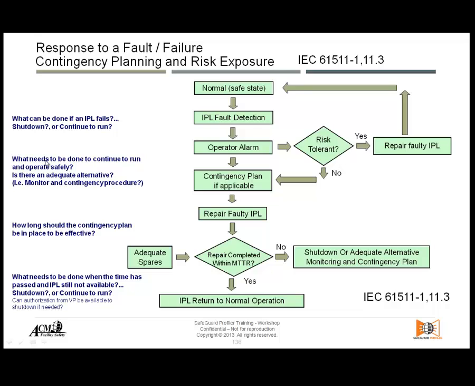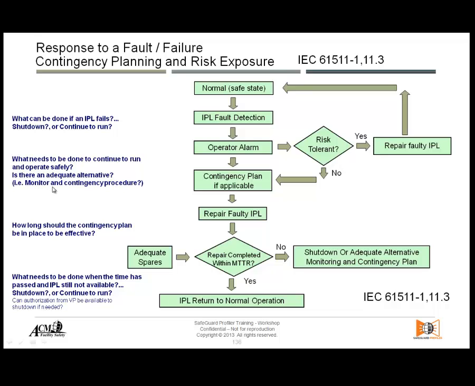So when that happens, you say, well, no, I don't have a risk tolerant system. That means you ask yourself, what needs to be done to continue to run and operate safely? Is there any adequate alternative to do that?